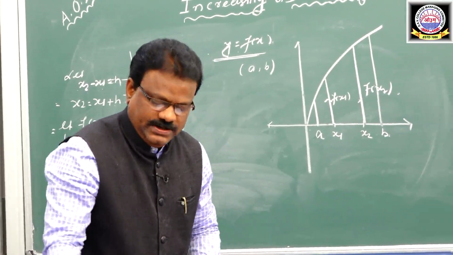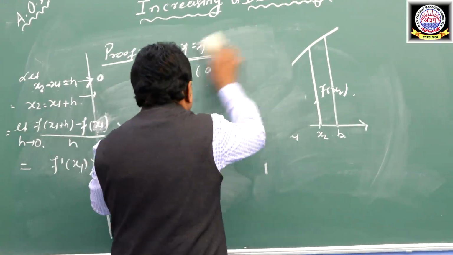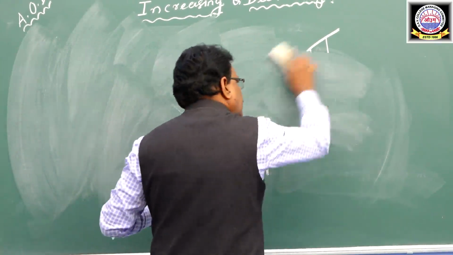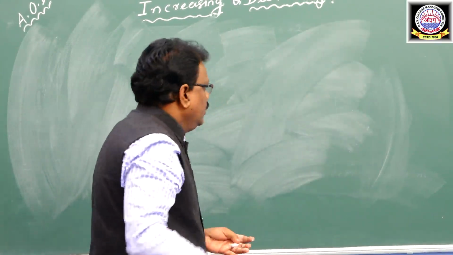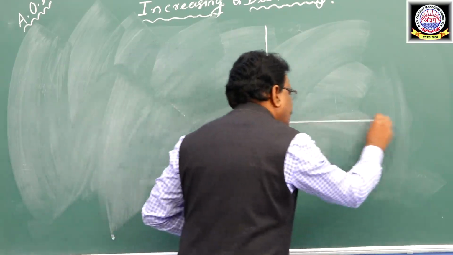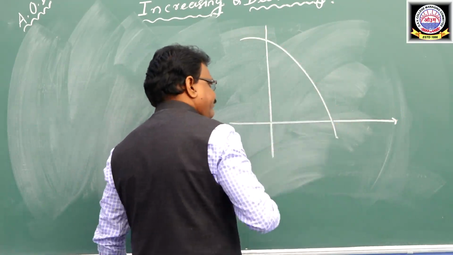Similarly, we go for a decreasing function. So let us choose one decreasing function, the figure of a decreasing function. So this is a decreasing function.